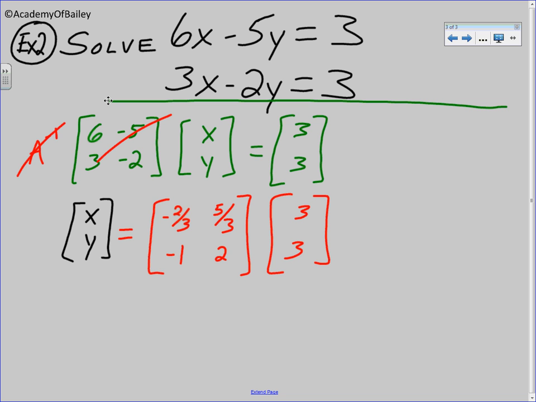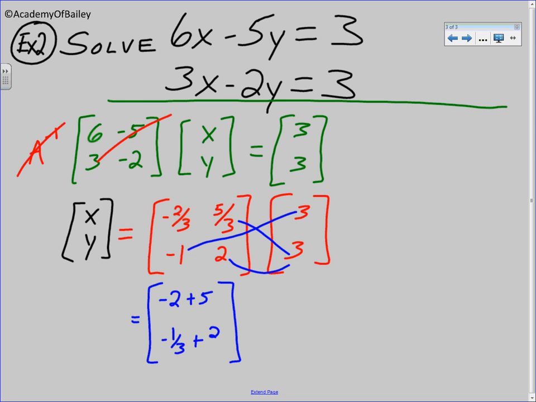Okay, let's do our multiplication. Negative 2/3 times 3 is negative 2. And 5/3 times 3 should be 5. Negative 1 times 3 should be negative 1/3. And 2 times 3 should be 2/3.